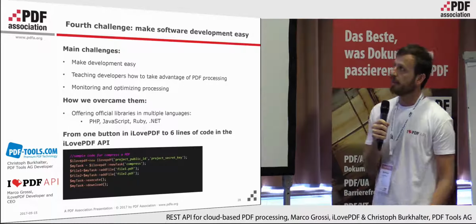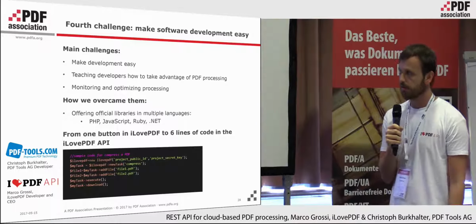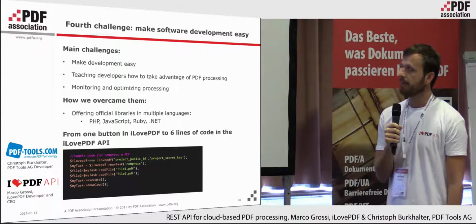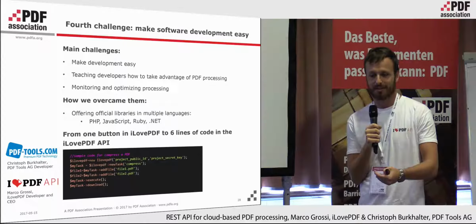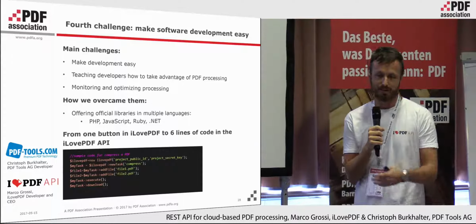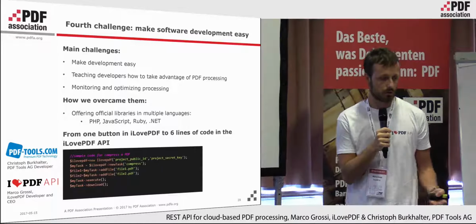So the last challenge for us was to make development easy for the users, because of course there is no reason to do all of this if we don't provide good tools for developers.